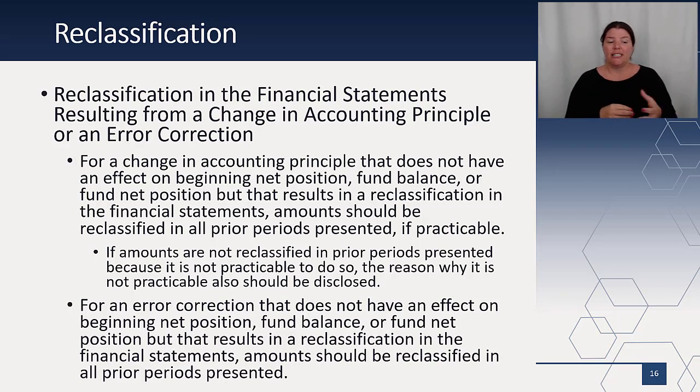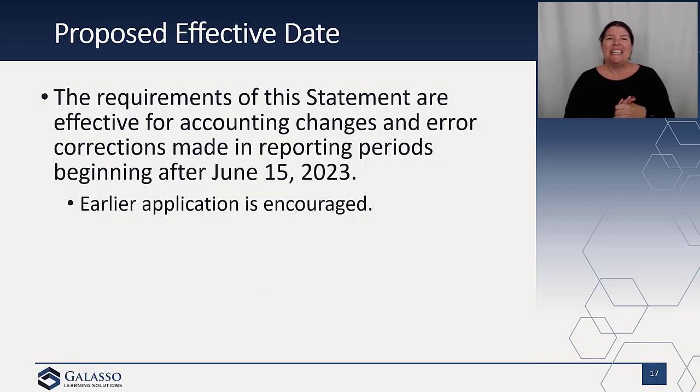If we do not have an effect on net position for a correction of error, but that results in reclassification, we should reclassify all periods presented. So when we move from operating to non-operating, or we're moving classification between current and non-current, we want to make sure that that's reflected in all periods presented. So again, not necessarily completely different than today, but through a different focus, right?